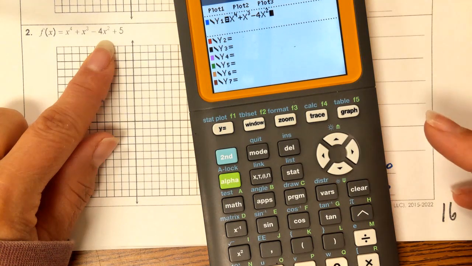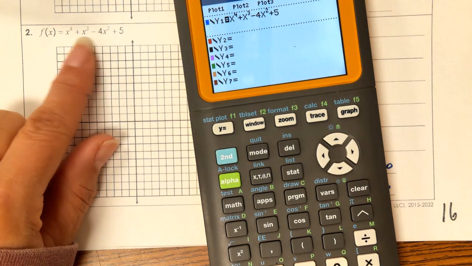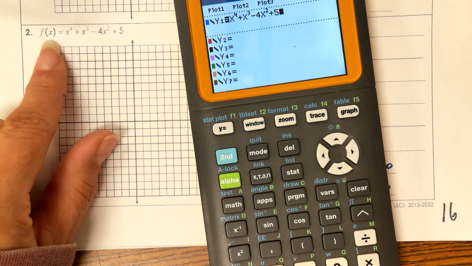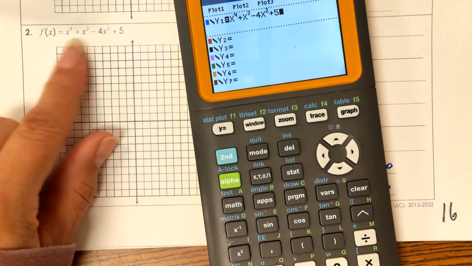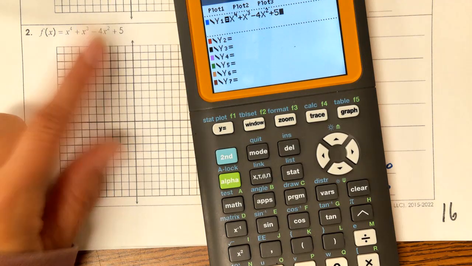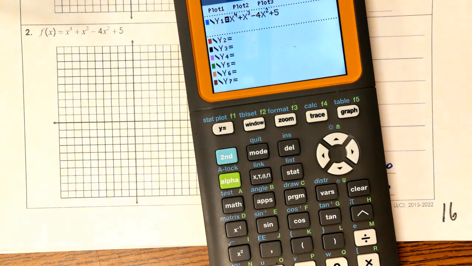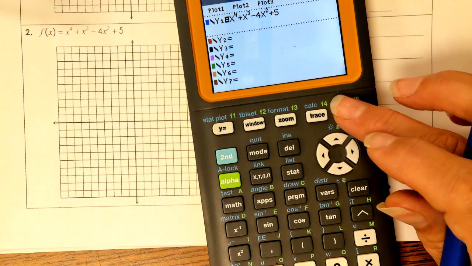Okay, there we go. Now, make sure that you have all of your symbols, that your signs are there, that your letters are all where they're supposed to be. Once you're satisfied that it is correctly entered in your calculator, then press graph.